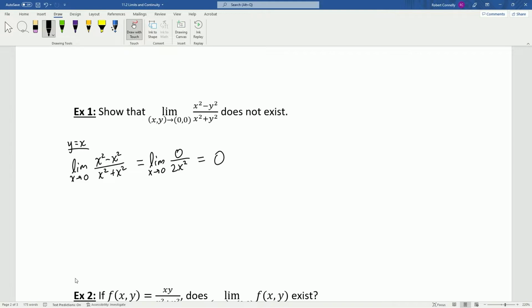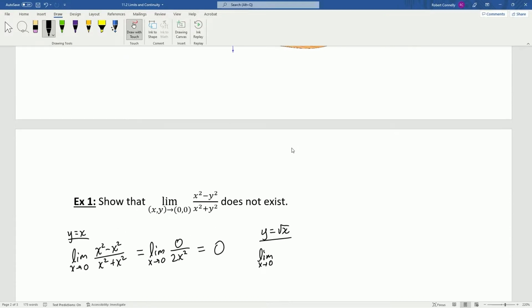How about we try y equals the square root of x. Now, to be clear, it is entirely possible that you could choose two different paths and both would give you the same limit, but that doesn't mean that all paths give you the same limit.